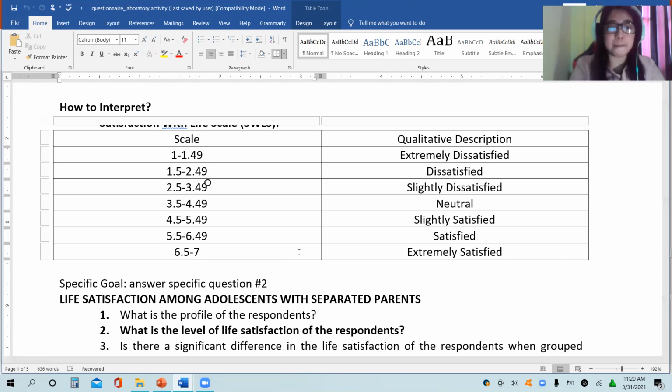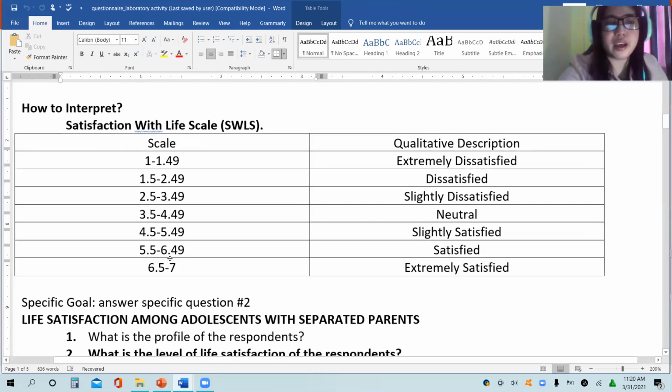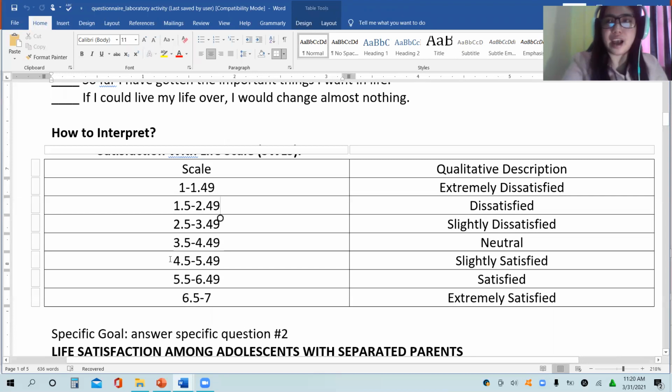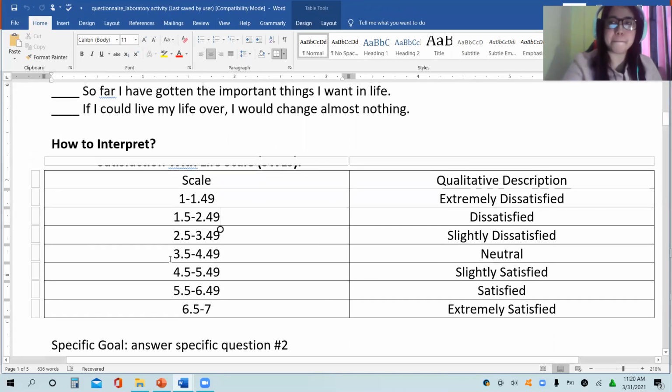So we need to get the mean. And then 6.5 to 7, it is extremely satisfied. For the original way on how to interpret, with the use of the sum, we have also a separate video, but I presented that using Microsoft Excel.